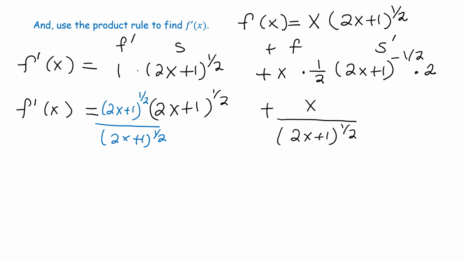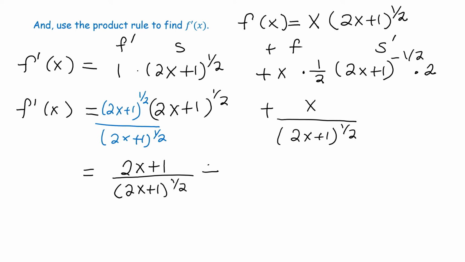Let's multiply across. For the numerator, 2x plus 1 to the 1/2 times 2x plus 1 to the 1/2, you add the powers together, 1/2 plus 1/2 is 1. So you will have just plain old 2x plus 1 divided by 2x plus 1 to the 1/2.